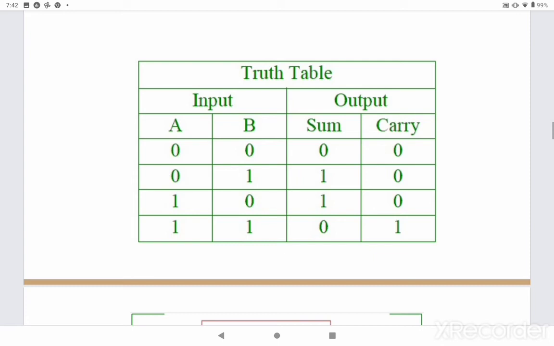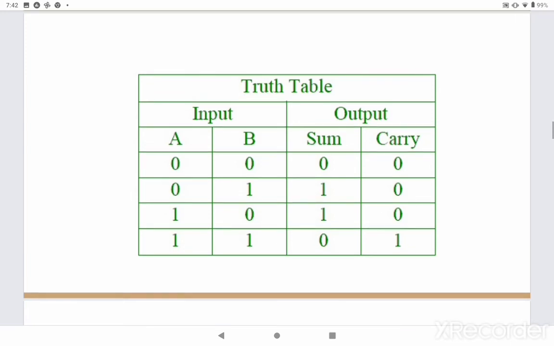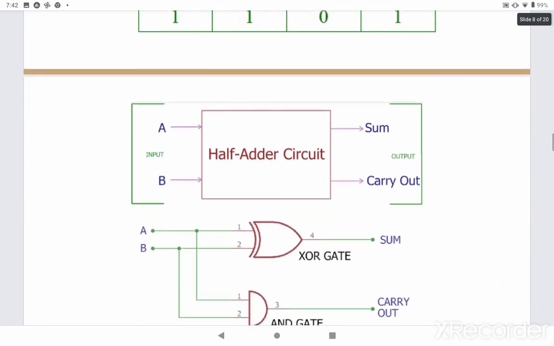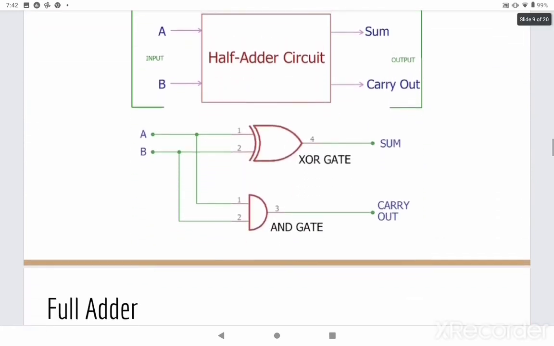The binary representation for 2 is 10. In this case, 0 comes under the category of sum and the remaining part, 1, goes under the category carry.